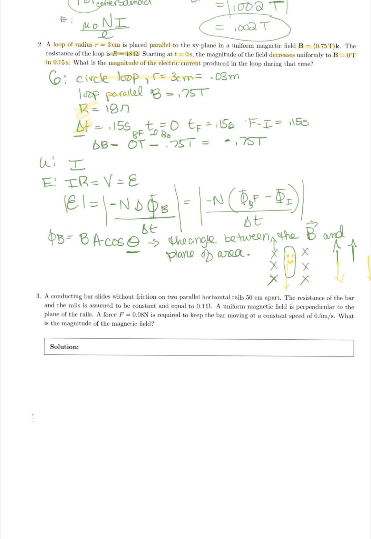So this is going to be cosine of 0. There's no angle between them, right? They're just going one way and going the other. So parallel means that our theta equals 0, and cosine of 0 is 1.